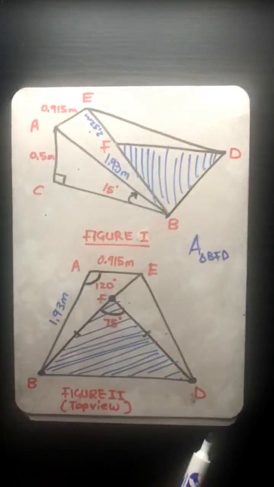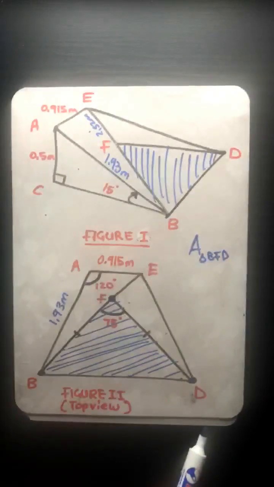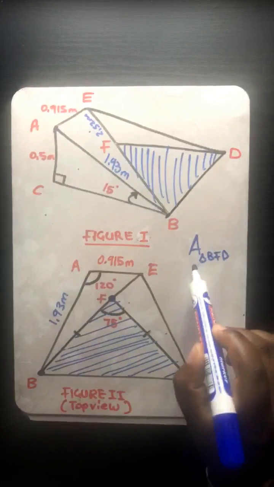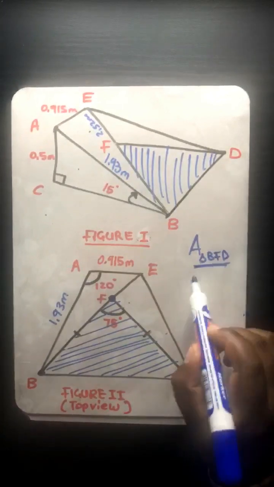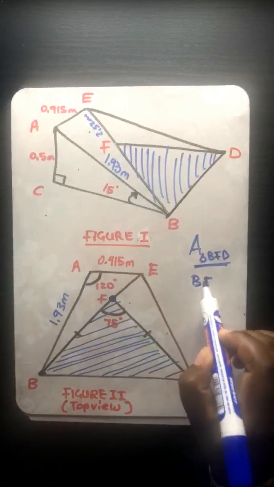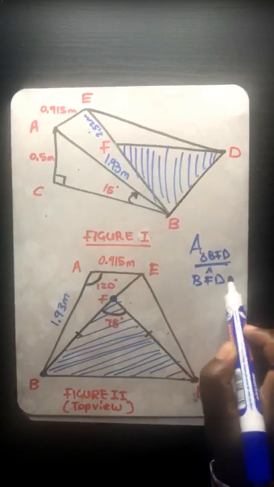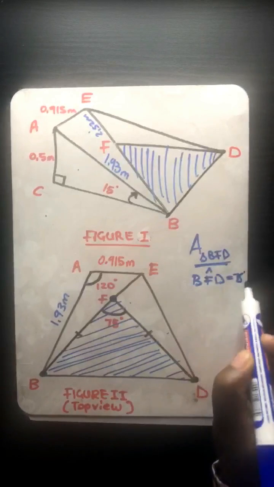Let's see, the statement continues. It says calculate the area of triangle BFD. Angle F is the one which is 75 degrees. Okay, there's angle F. Makes sense.